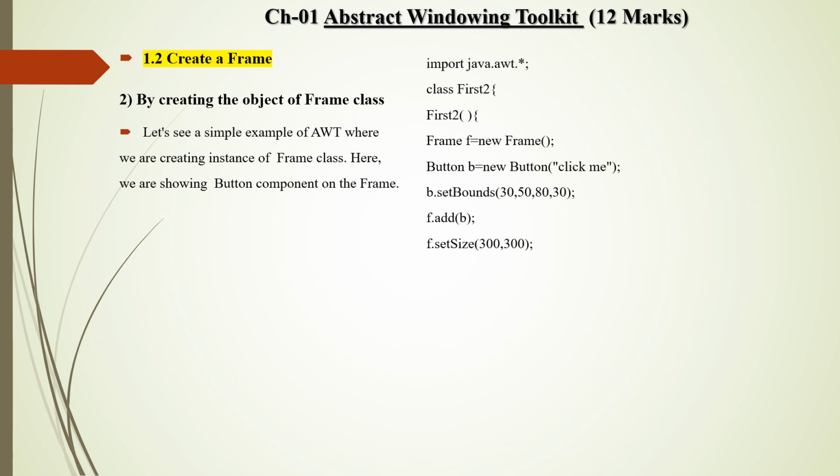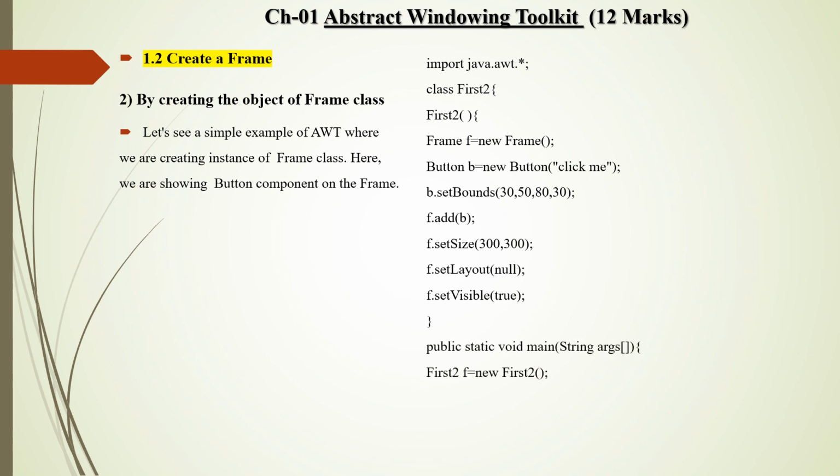Then we set the size, that is width and height. Then we set the layout, and at last we set the visibility to true. So the difference is, in the previous slide we extended the Frame class, and now we use the object of the Frame class.